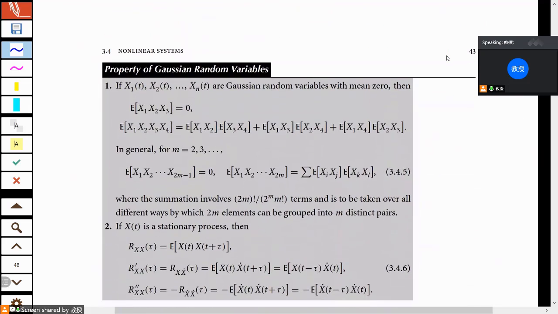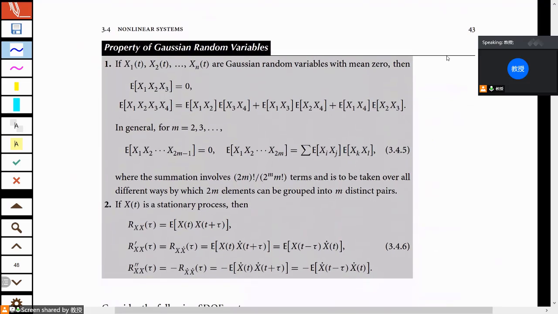And we have a table in the notes that lists the properties of Gaussian random variables. Okay, so you can take this as a given set of properties.